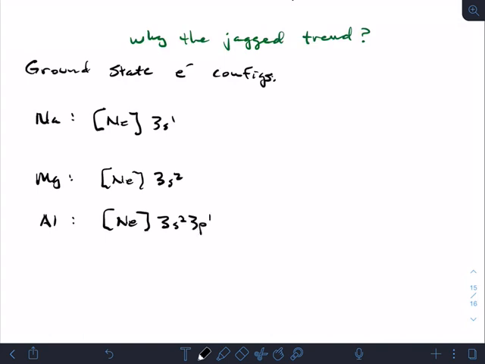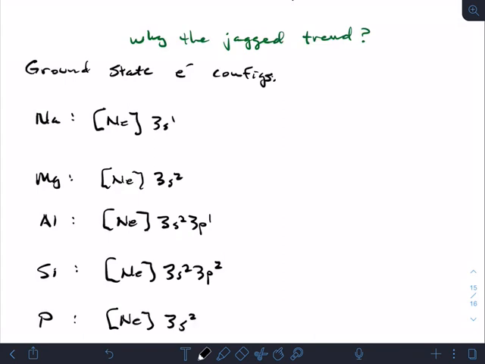Aluminum, neon 3s2 3p1. Silicon, 3s2 3p2, excuse me, yeah, 3p2. Phosphorus.